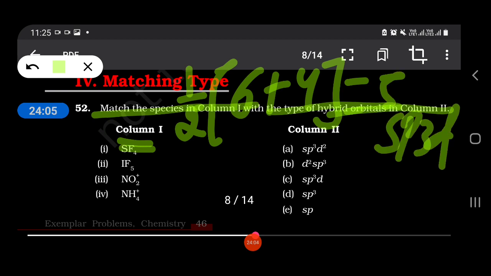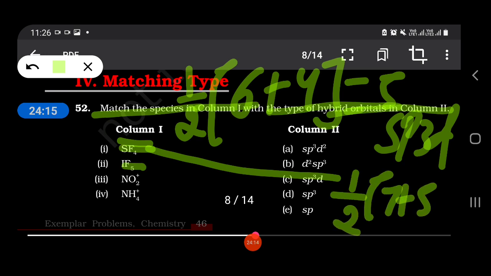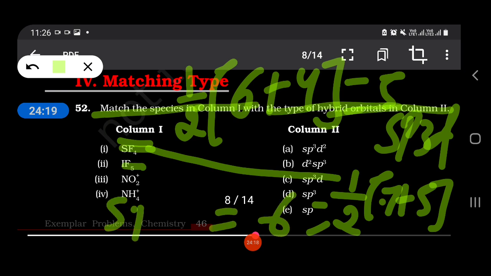IF5 is half of 7 plus 5, that is 12, equal to 6, that is sp3d2.